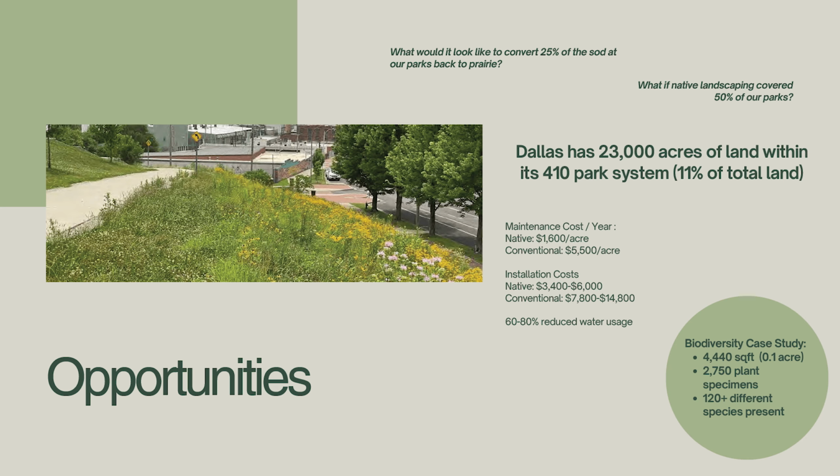Being able to do an analysis of how much of the sod is actually being used for kids playing soccer, for family barbecues, for outdoor concerts, and which areas are sod just out of convenience. Because at that point, we're just piling on operational costs of mowing it and all these other things when you could convert that back to native and add more value and you have less work.